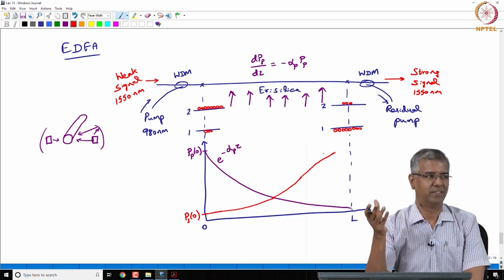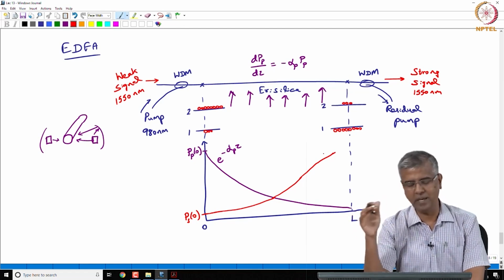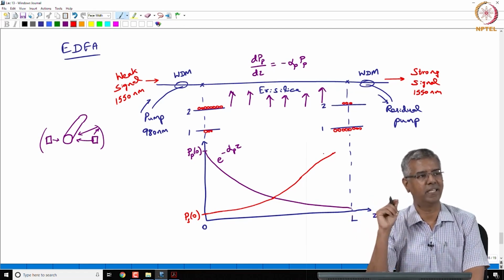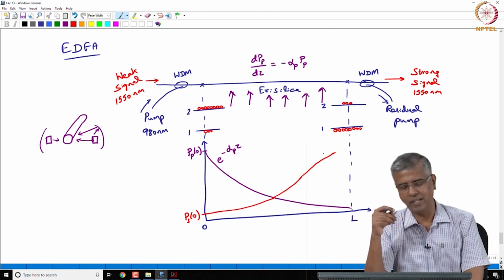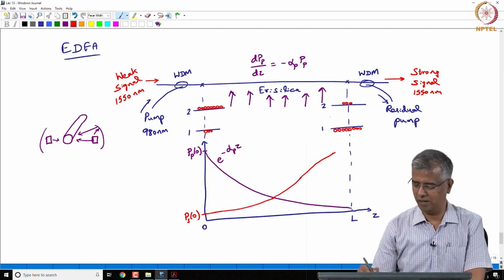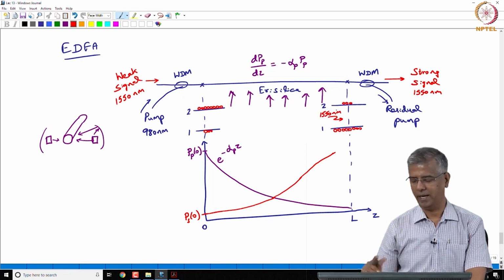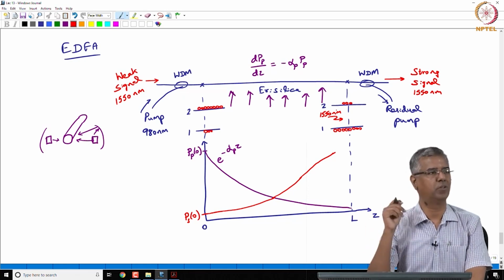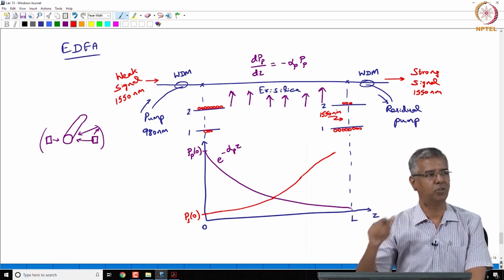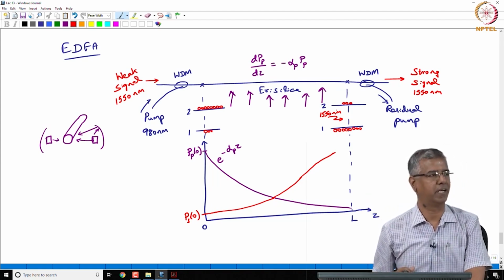Stimulated absorption, right? Because there are not too many photons and not too many atoms in that excited state, everything is in the ground state. So, the probability of actually having that absorption event is high when 1550 nanometer radiation comes along, since that energy difference corresponds to 1550 nanometers. So, you have absorption of that light happening.